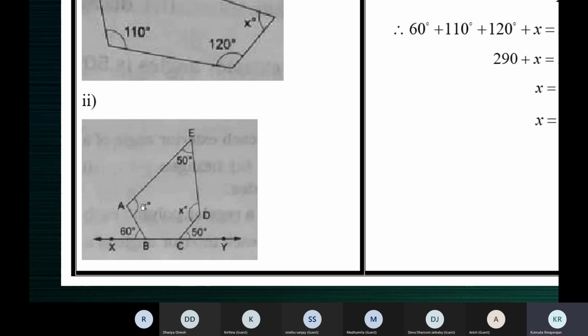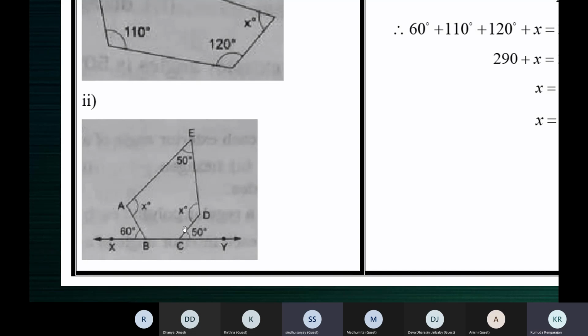So it's like this, children. X plus angle ABC plus angle DCB, or you can call it BCD, plus X plus 50 degrees is equal to 540. Now, what's the measure of ABC? 120, ma'am. 120 degrees.